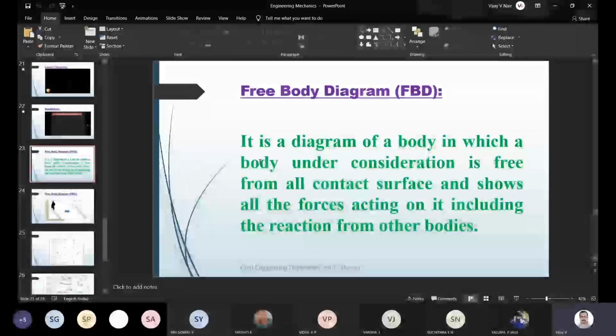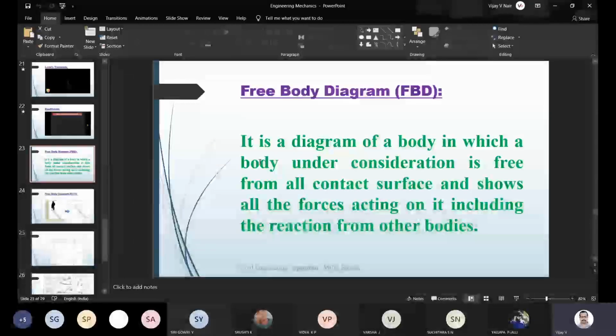All those things we have seen. That is called a free body diagram, wherein you show all the forces acting on the system alone. We are not bothered about who is standing nearby, whether it's a person or some kind of weight. All those things are neglected.